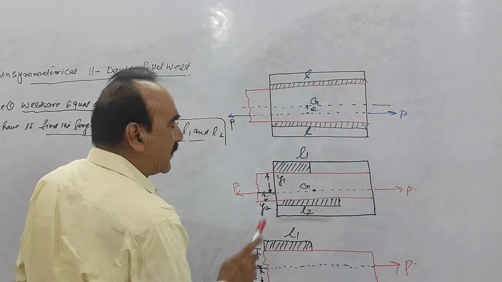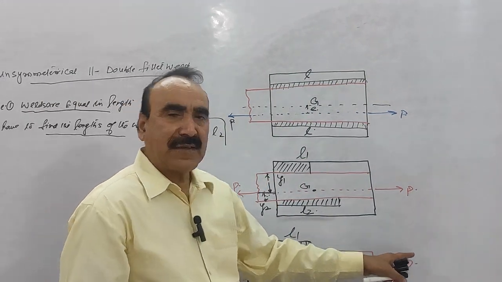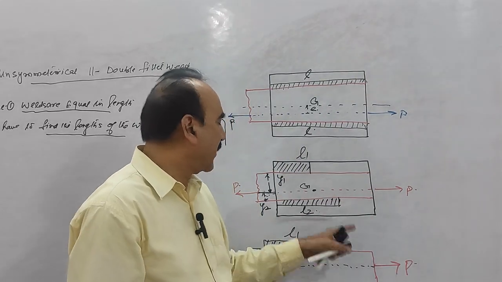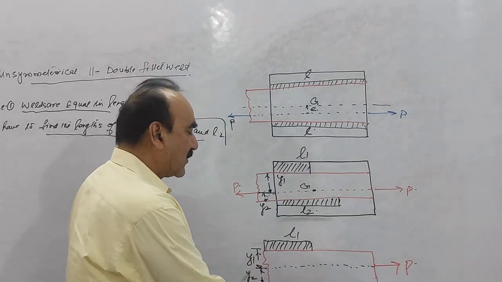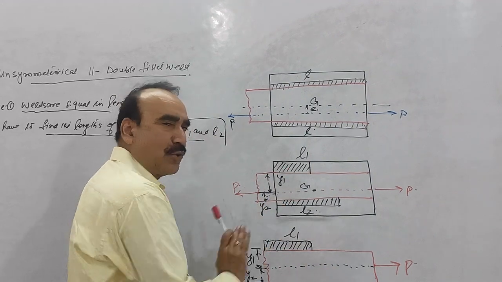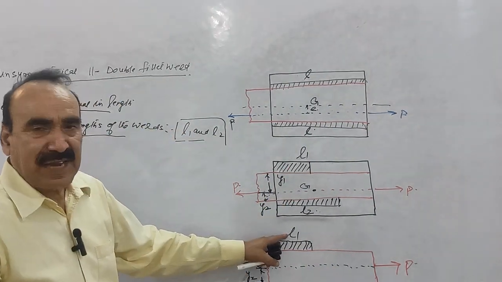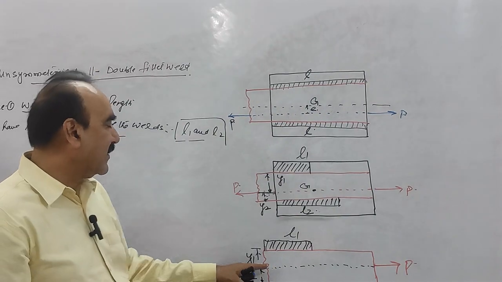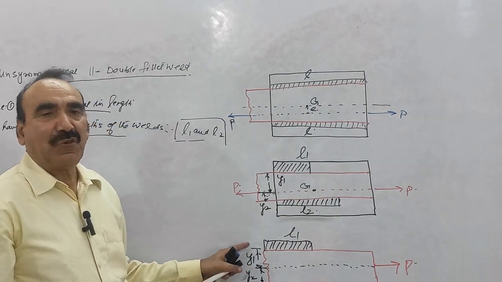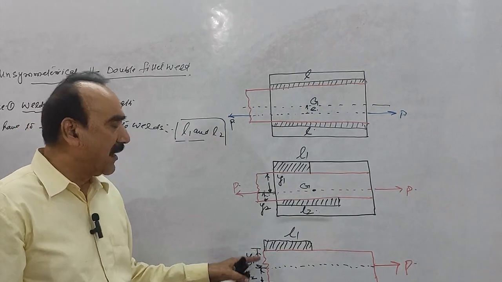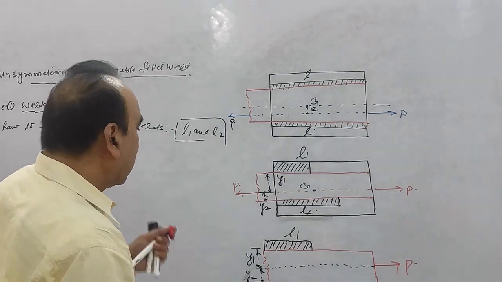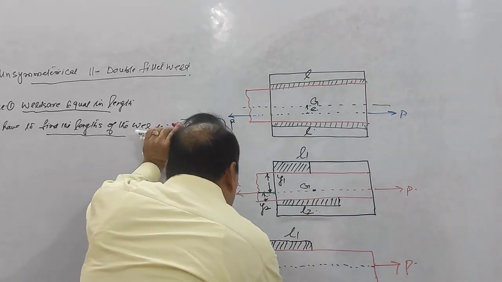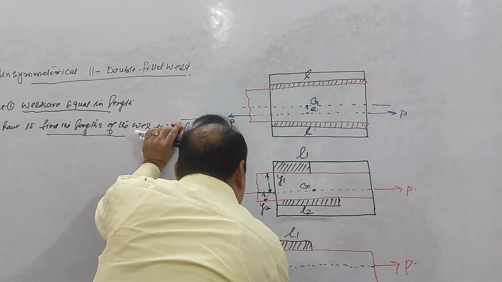When you have cut the plate and the force P is acting like this in this direction, when I have cut the plate from the other plate, so these are the two welds on this plate. एक प्लेट के ऊपर दो बेल्ट रहे, its length is L1 and L2 and it is having the distance y1 from the center, y1 and y2 from the center. You understand this?